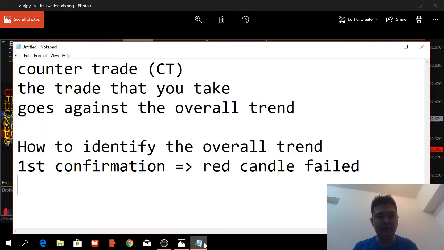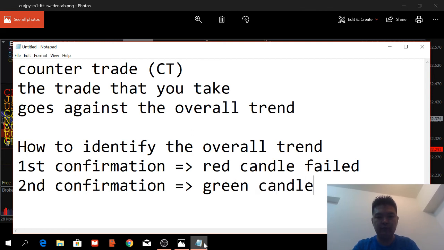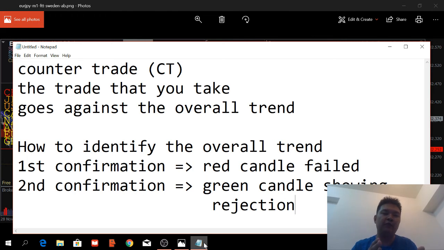So my second confirmation came with a green candle, okay? Showing rejection. Okay, so the green candle showing rejection and notable volume.